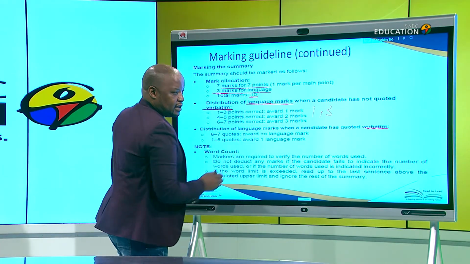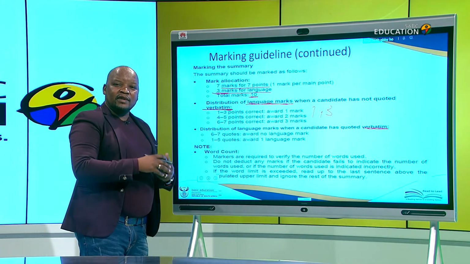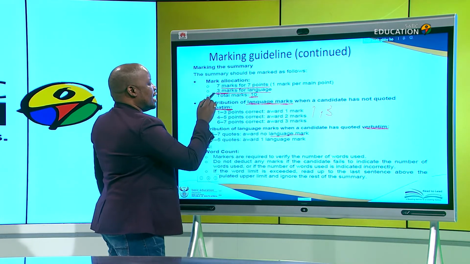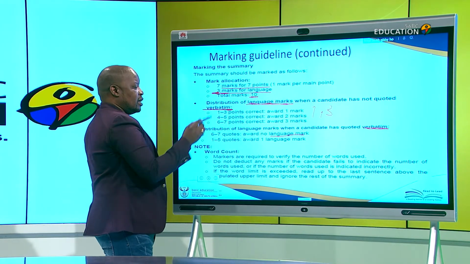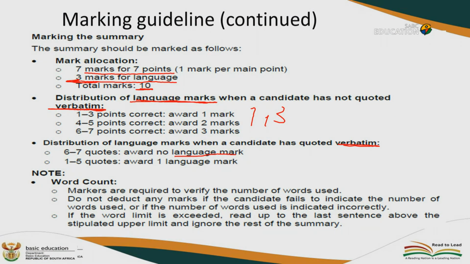No language. If you did not even bother to change a single word, you're not going to get any mark from that 3. So it's 0. 1 to 5 quotes are what? 1 language mark. We're still going to explain this in detail in the following slides.